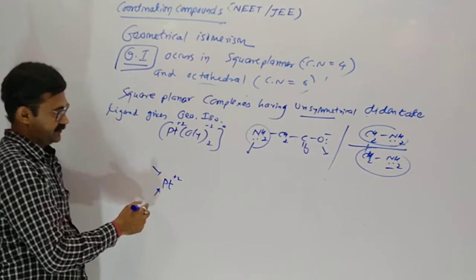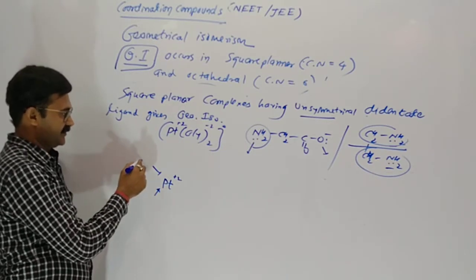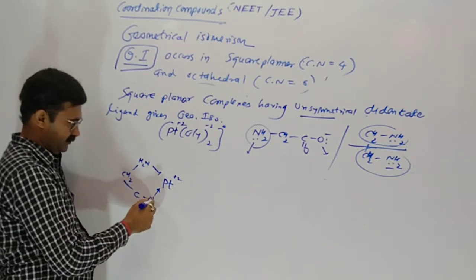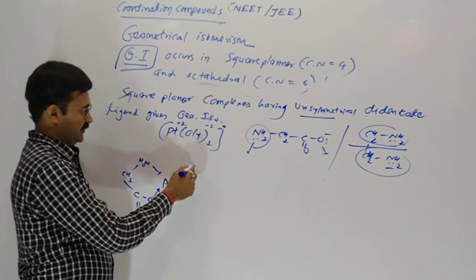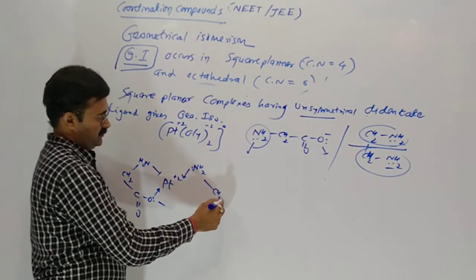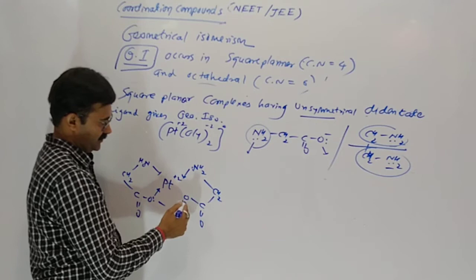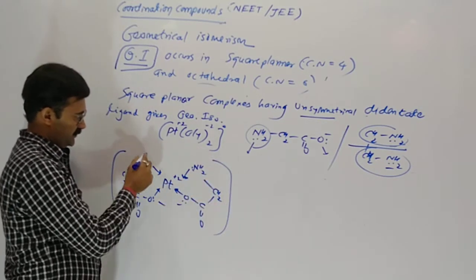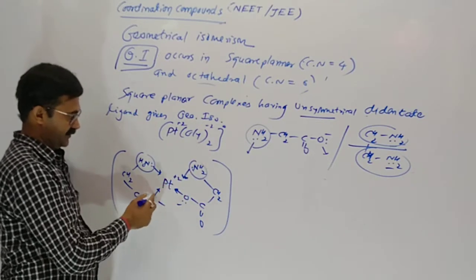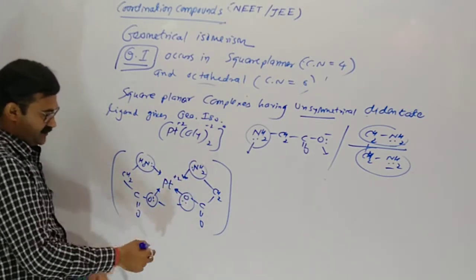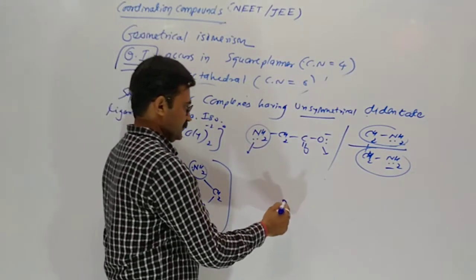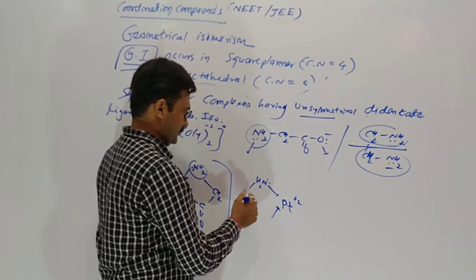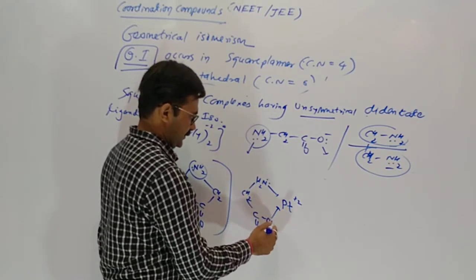So platinum with glycine, NH2 CH2 COO minus. Here oxygen and nitrogen atoms on its both sides, the amino group on the same side and the COO group on the same side. So this one is cis. Now platinum is combining like this, NH2 CH2 COO minus.